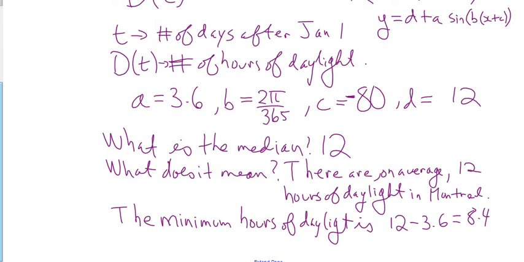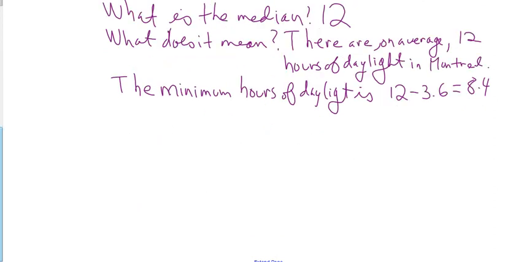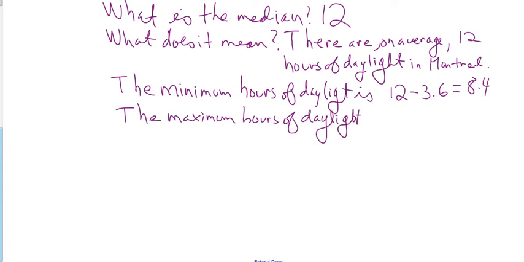The maximum daylight is 12 plus 3.6. Okay, so we have D minus A to get the minimum, right?